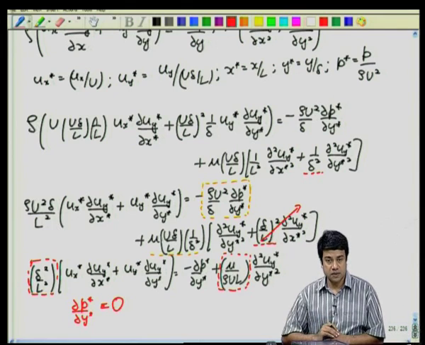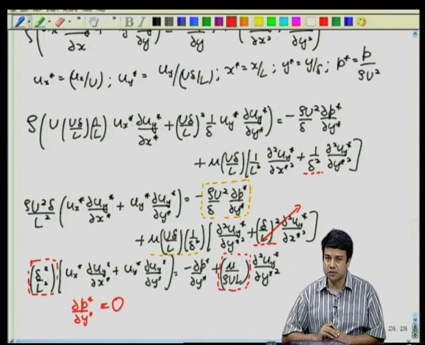So, this gives me the simplified momentum equations in the x and y direction. In the y direction, the equation tells me that partial P by partial y is just equal to 0, and I have a momentum conservation equation in the x direction. I derived these equations by scaling, and I obtained reduced scaled equations.